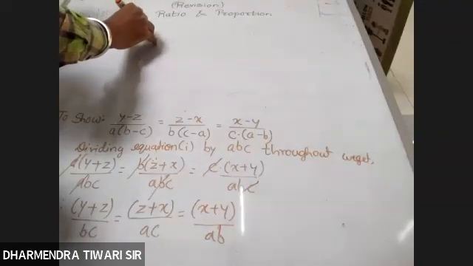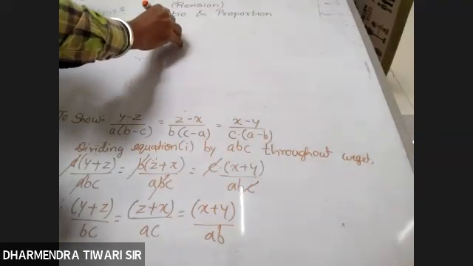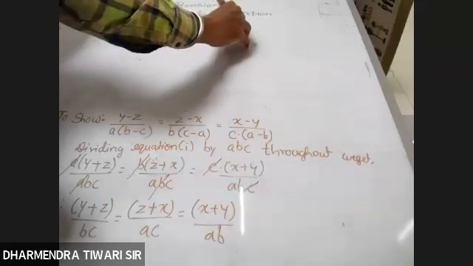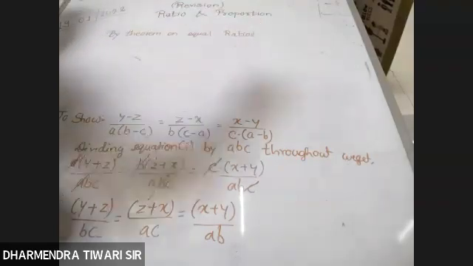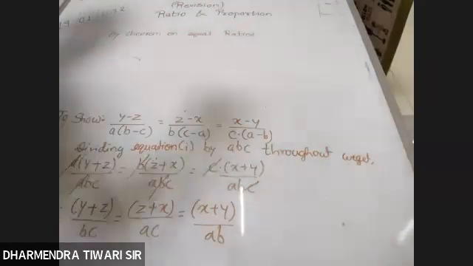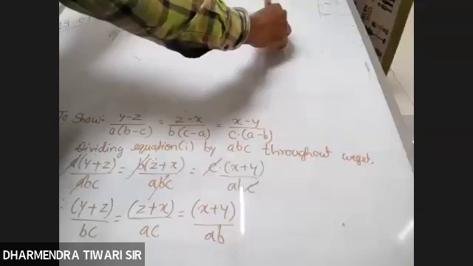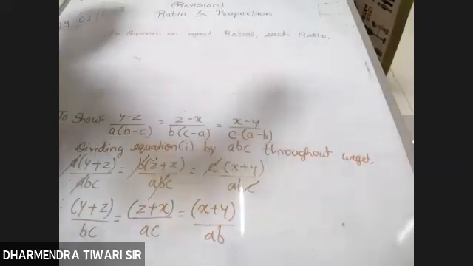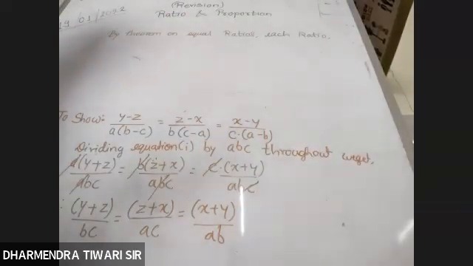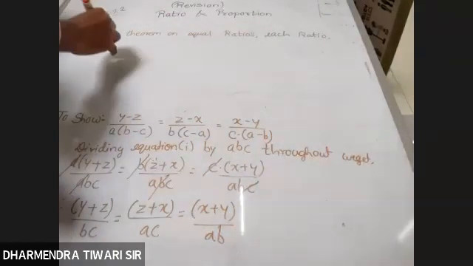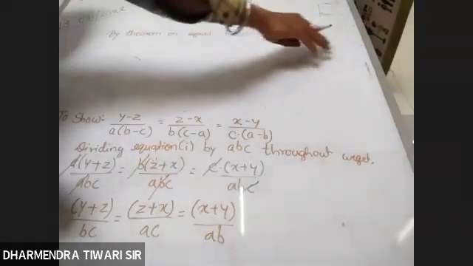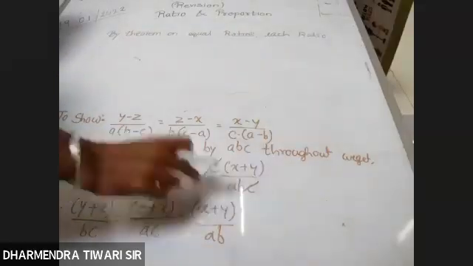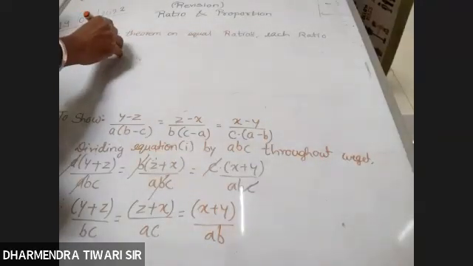By theorem on equal ratios, each ratio is equal to, as we have decided, we need to take x plus y first.